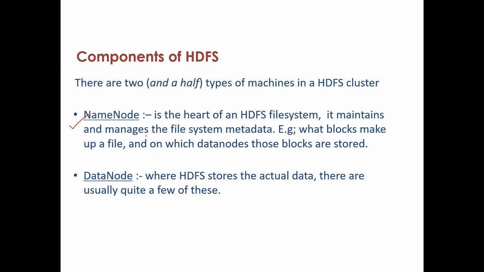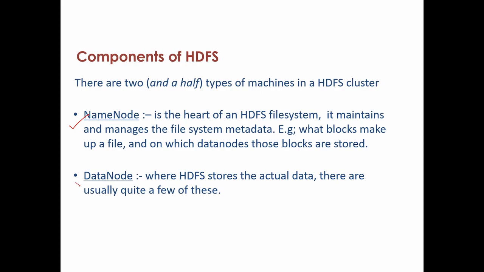It maintains and manages the file system metadata. Basically, it manages the list of files that exist on the entire file system and the locations of the blocks that make up a file, that is, on which of the data nodes these blocks are stored.